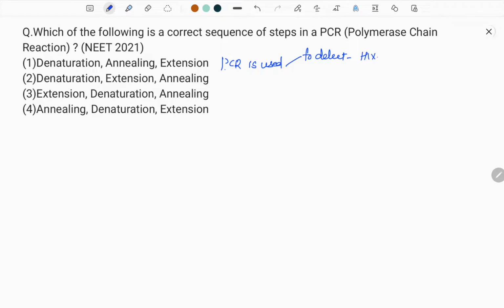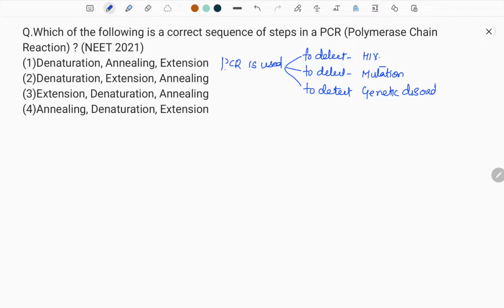We know human immunodeficiency virus is a retrovirus. Then it is used to detect mutations in cancerous patients, and it is used to detect genetic disorders.